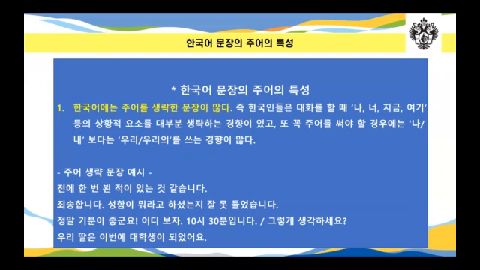First, there are many sentences that skip the subject in Korean. In other words, Koreans tend to omit most of the situational elements such as 나, 너, 지금, 여기 when speaking. And there is a tendency when necessary to use the subject 나, 내 rather than 우리, 우리의.